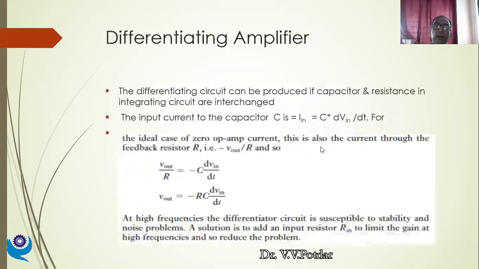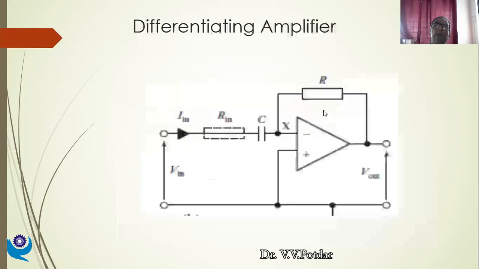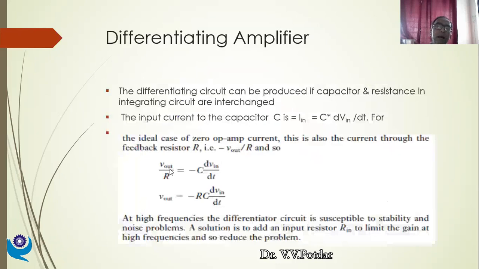This is also the current through the feedback resistor R. The same current I is flowing across the capacitor, and the same I is flowing across R also. I is equal to V out by R. So equating these two, V out by R is equal to minus C into dV in by dt. Solving for V out, V out is equal to minus RC into dV in by dt.